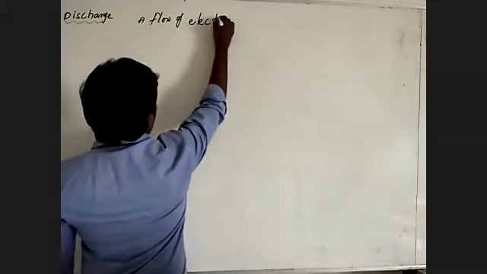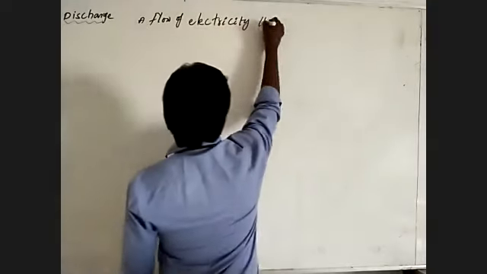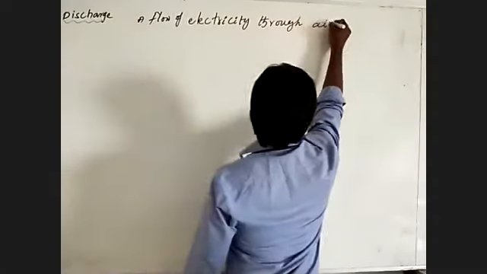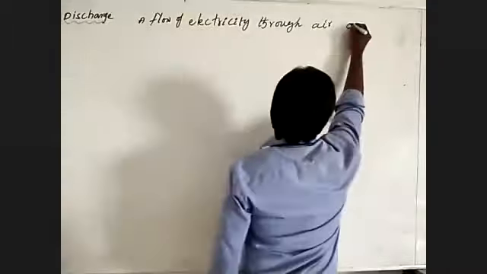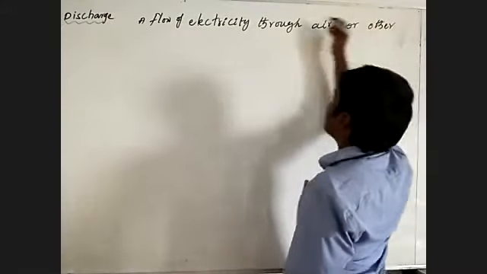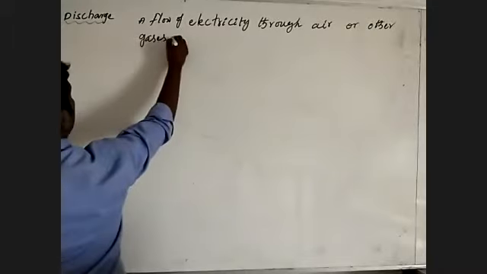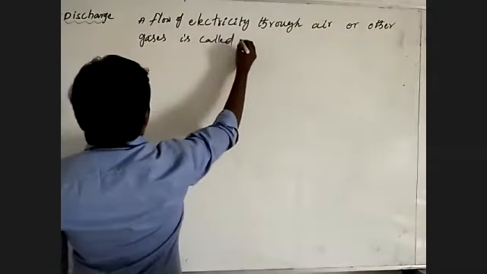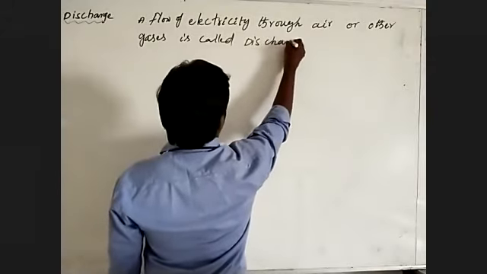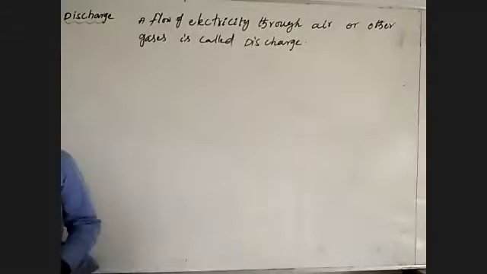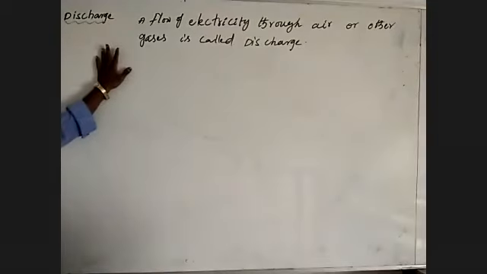Discharge. What you can say? A flow of electricity through air or other gases is called discharge.